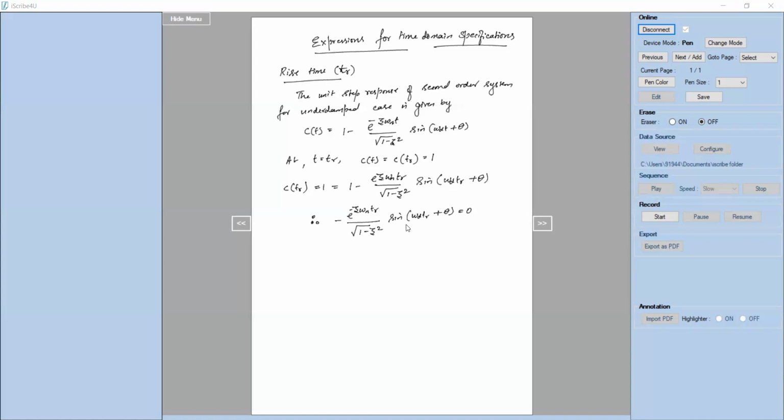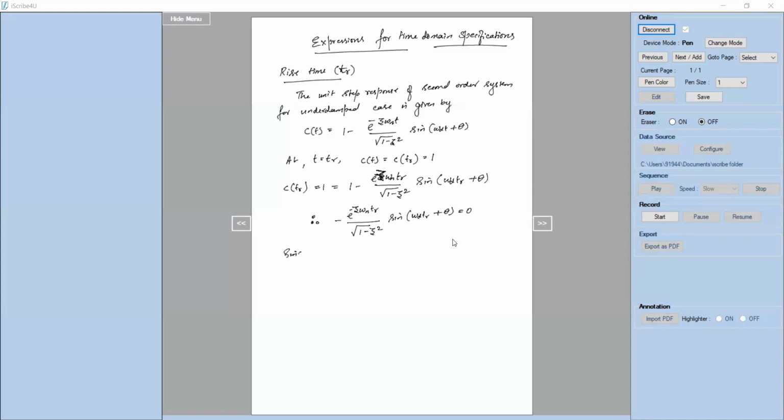So I have only this term, and I am equating that to 0 now. That's what the left hand side had become 0.